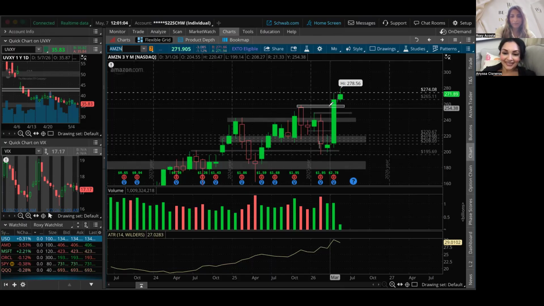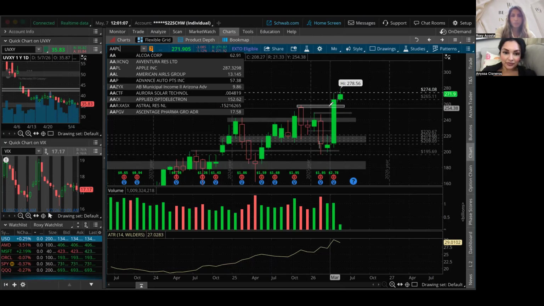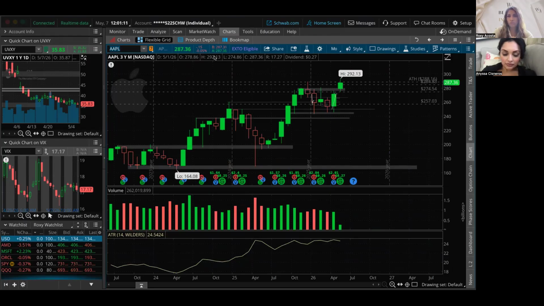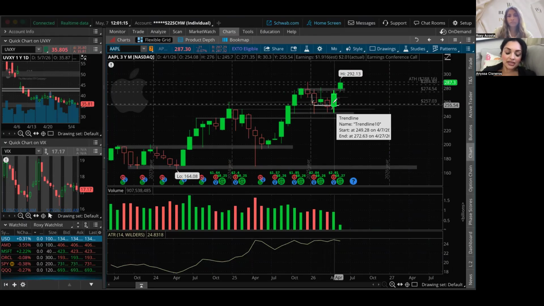You want to look at Apple? Oh, they're up too. Everything seems up, but the S&P did a huge jump, so this makes sense. Yeah, because they're part of the S&P, it tells you the overall picture. When you're day trading, of course, you want to look at the specific tickers.